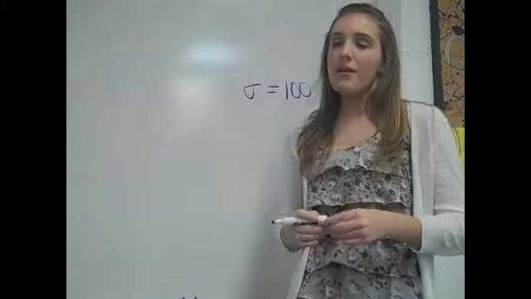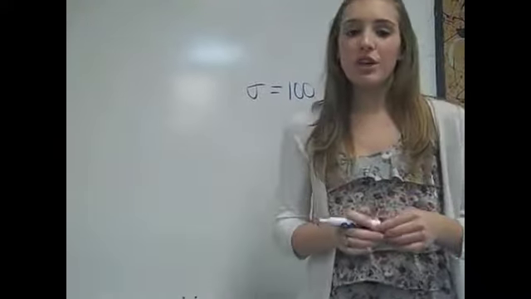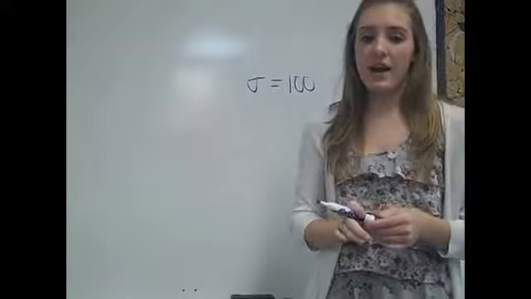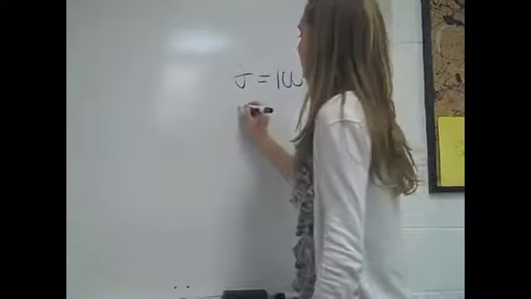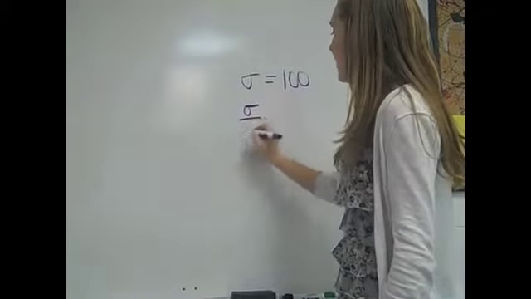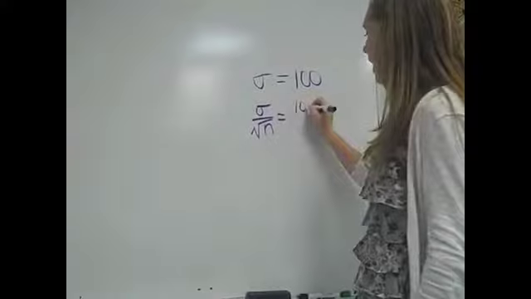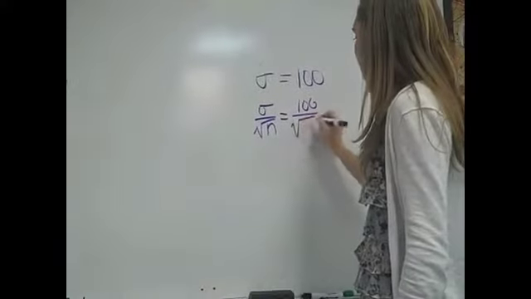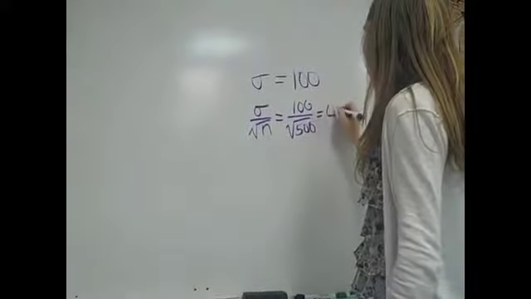But here we do, so let's say sigma is 100. The standard deviation of your x bar is going to be sigma over the square root of n. So we would have 100 over the square root of 500, because that's how many were in our sample, and that equals 4.5.